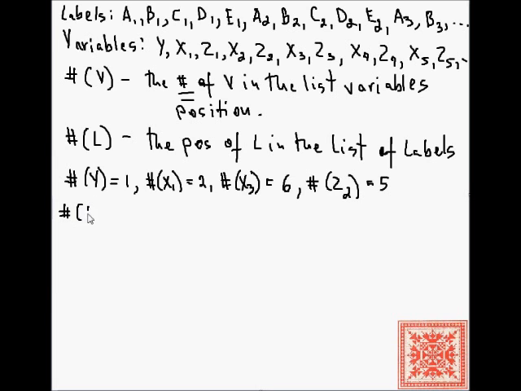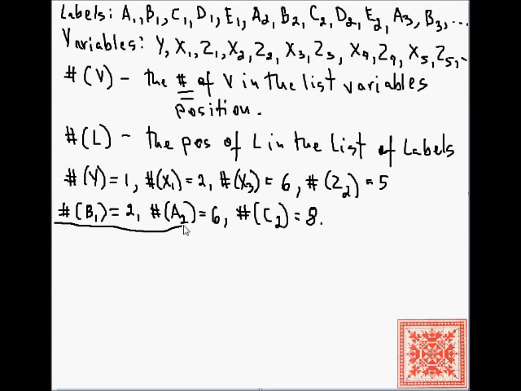A similar technique can be applied with labels. The position of B1 is 2, A1, B1. Then the position of A2 is 1, 2, 3, 4, 5, 6, and so forth. Obviously, both of those functions can be computed in a primitive recursive fashion: the position of the variable and the position of the label.